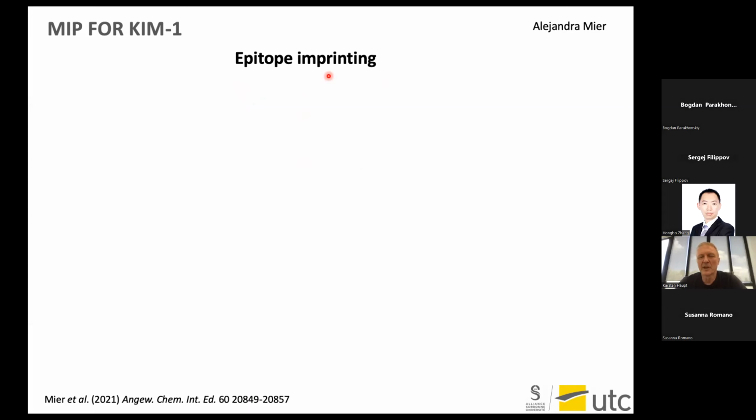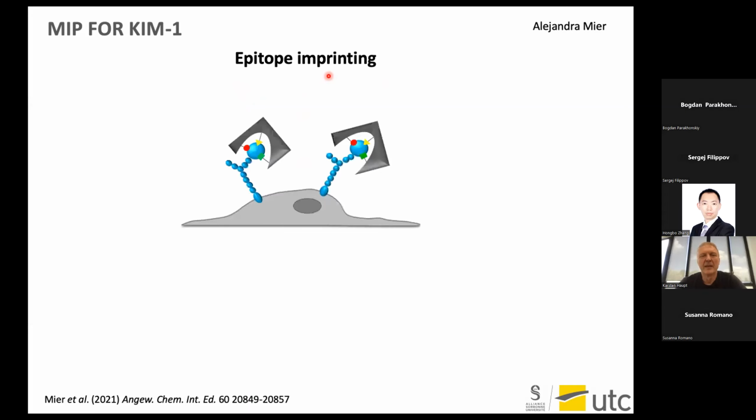So an epitope can be either a peptide or a sugar on the protein surface, accessible to the outside, and this is recognized by the antibody. So we can also use the same approach, molecular imprinting of an epitope, in order to make our synthetic materials.